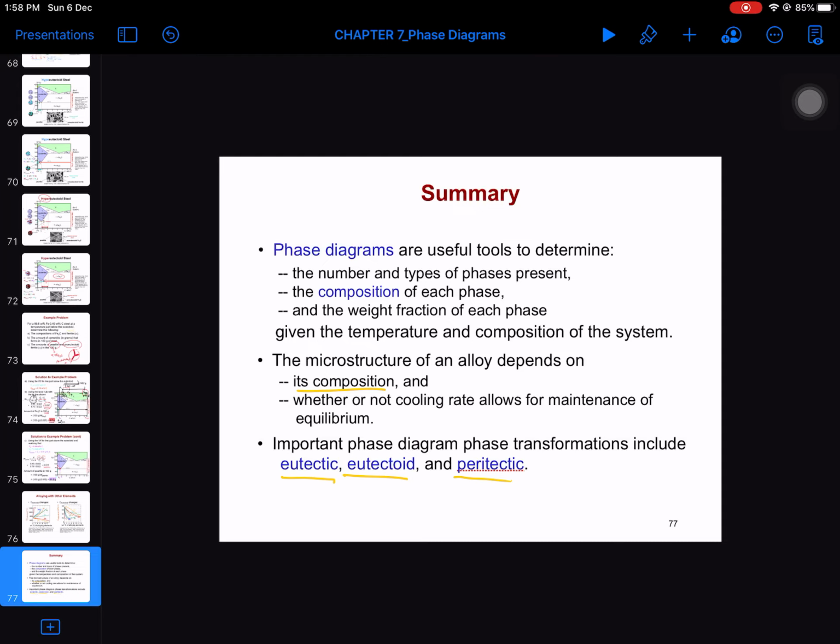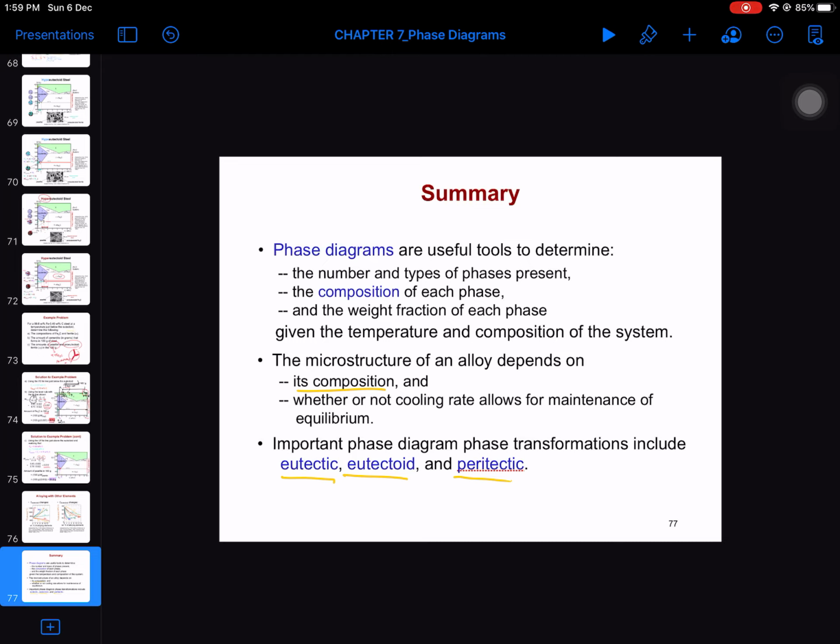The microstructure of an alloy depends on its composition and whether or not the cooling rate allows for maintenance of equilibrium. There are important phase diagram transformations that include eutectic, eutectoid, and peritectic.